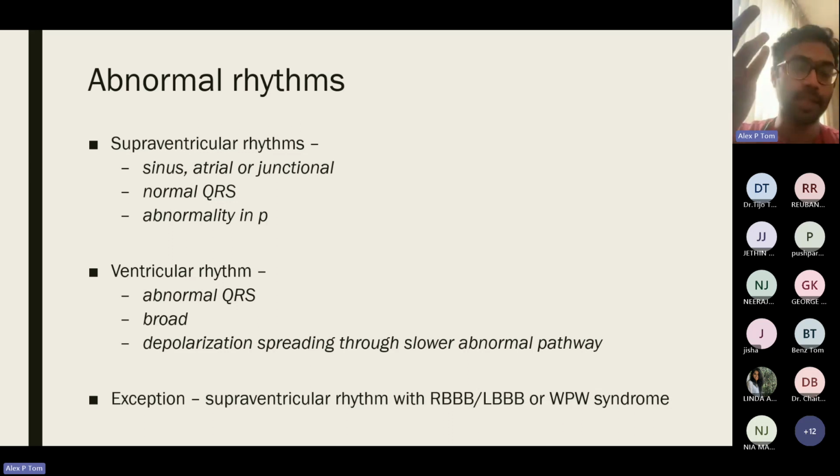So the P wave can take different forms in a supraventricular rhythm. In the coming slides, you will see these different avatars of P, and that will tell you what exact supraventricular rhythm the patient is in. So as we go forward, this will become more clear.